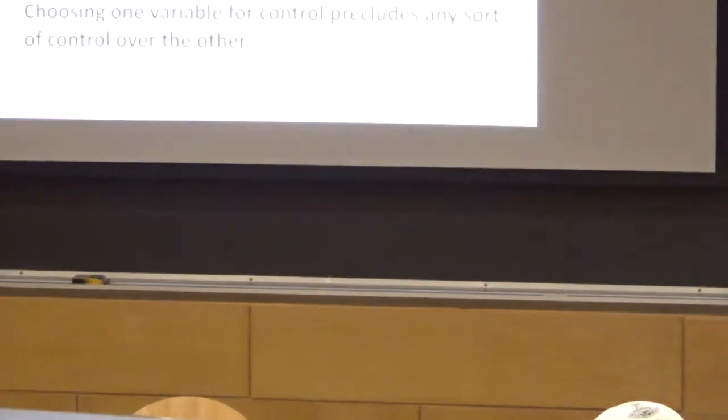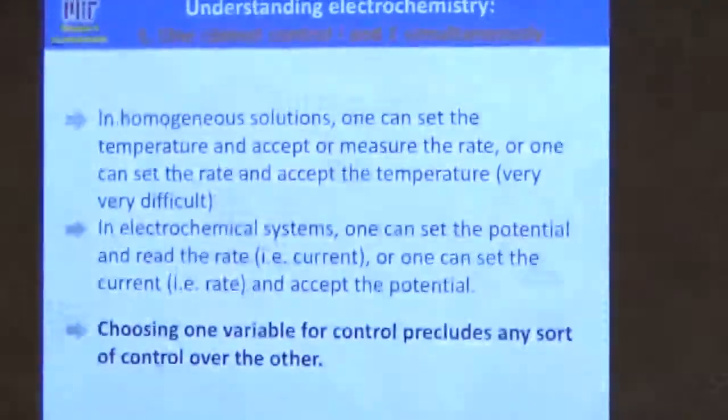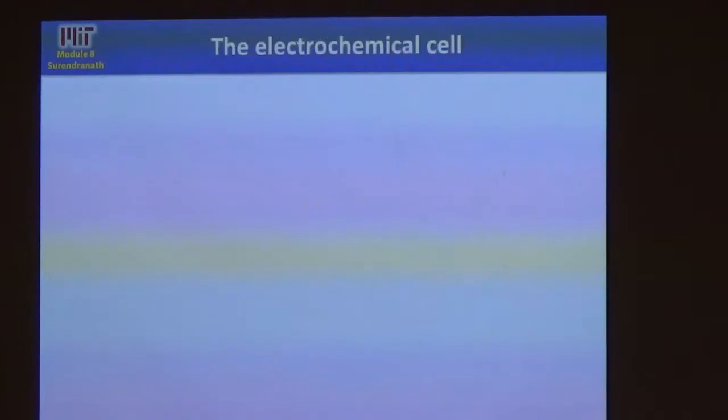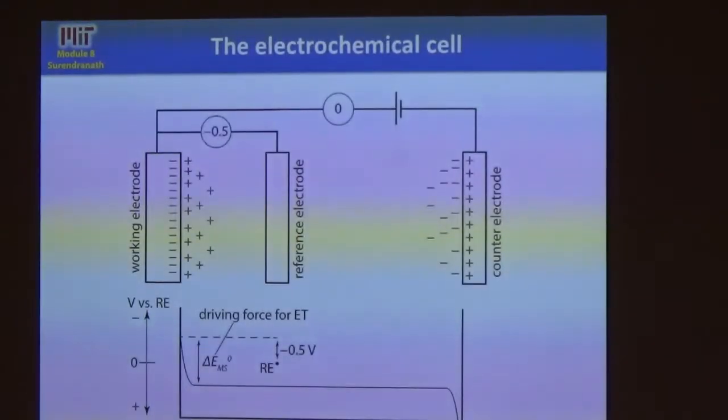Then I know what current I have to pass to equal 100 turnovers per second. If I set that value, I can then measure the potential necessary to sustain it. It's extremely powerful, because you can do them both in reverse in a way you can't easily do in homogeneous solution. And that's the thing: you can't control both at the same time, you can control one and measure the other. So how does this actually work in practice?